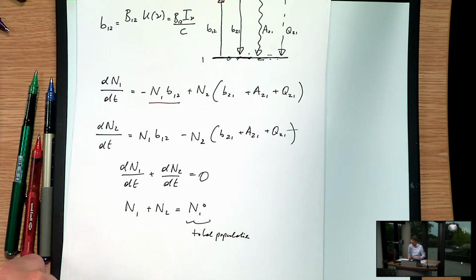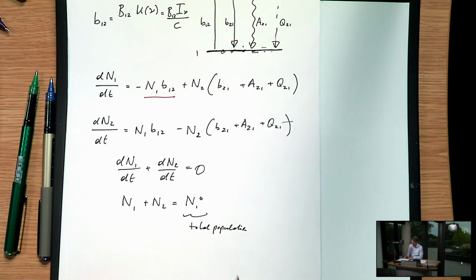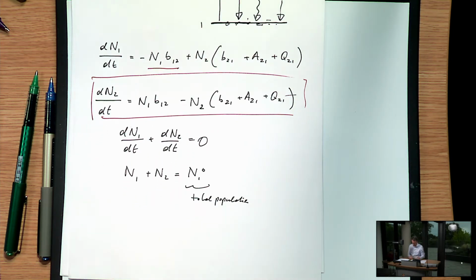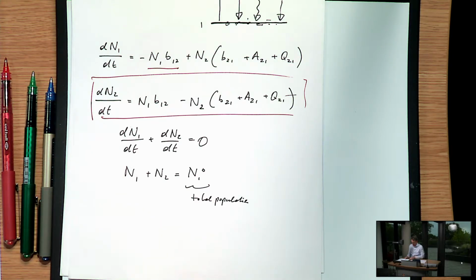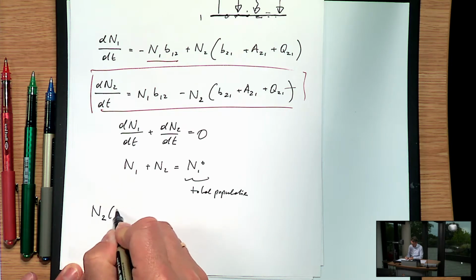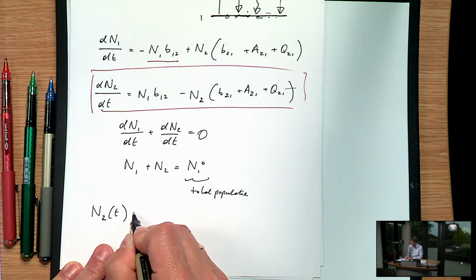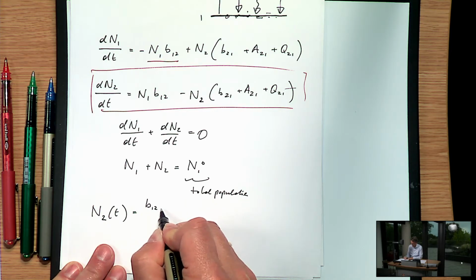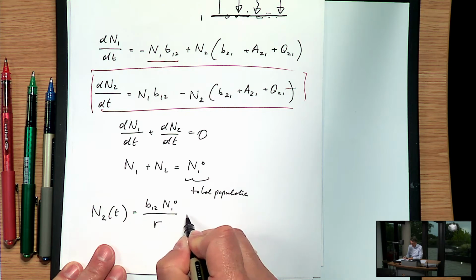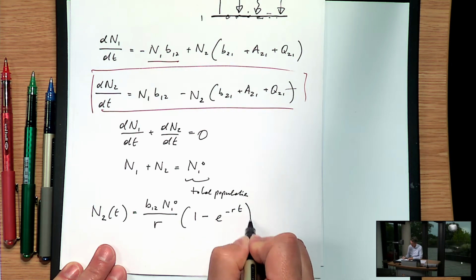Let's just look at this equation then, in steady state. Let's integrate this equation. I'll leave that as an exercise for you, just substitute this in: N2 of t is equal to B12 N1 naught over R times 1 minus e to the minus Rt.